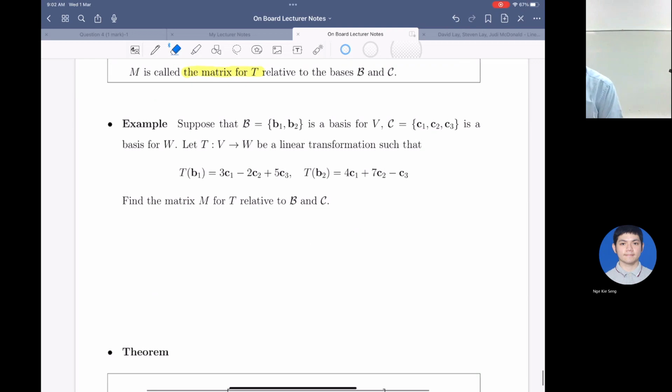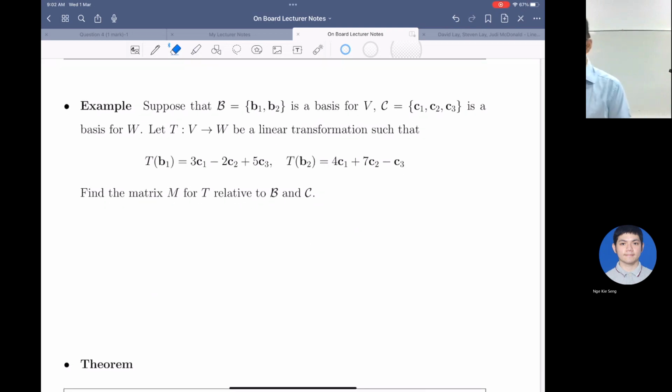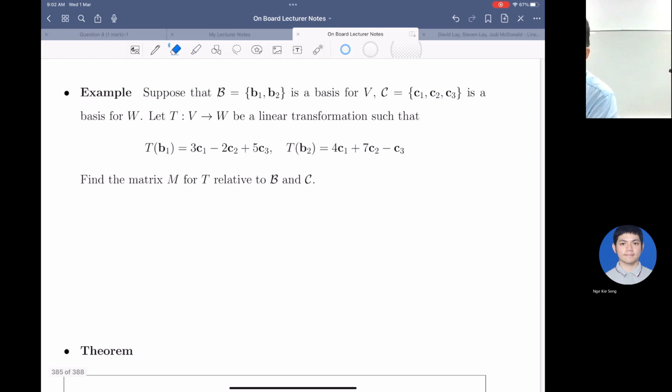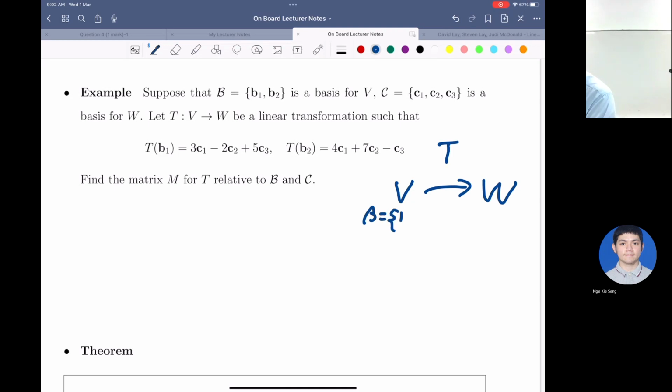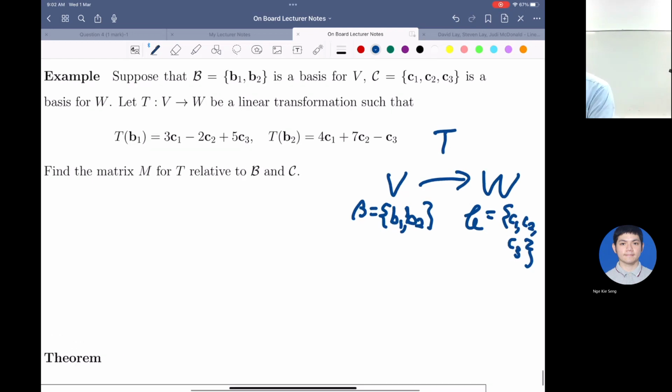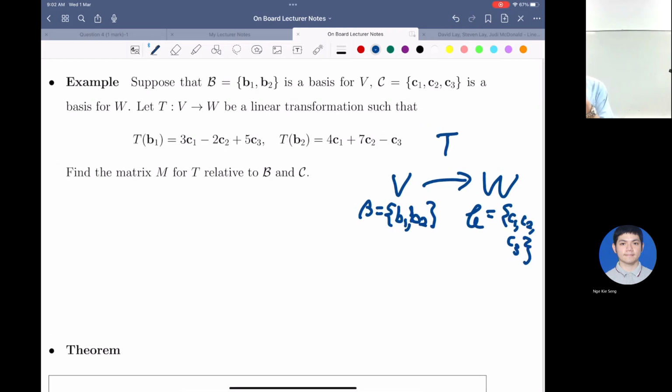So continue this example here. Suppose we got a basis B for V and C a basis for W. So we got a map T from V to W. We got a basis B = {B1, B2}, C = {C1, C2, C3}. Whenever you read the question, I like to write it into something that makes sense to me.